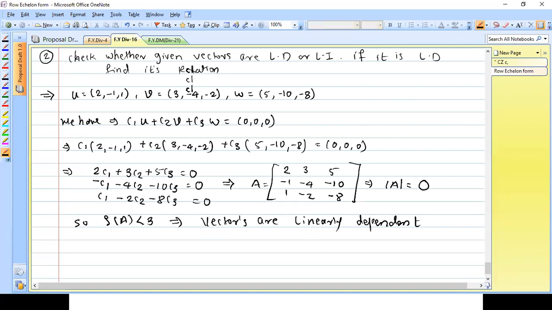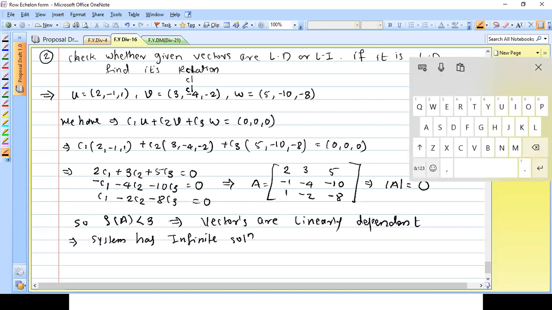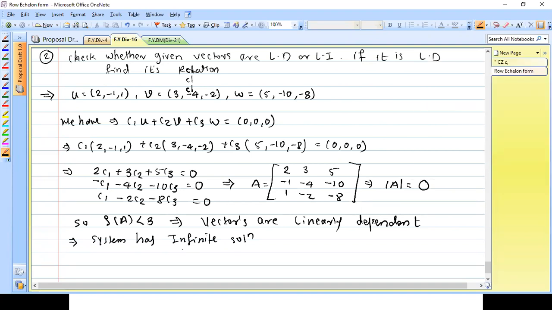Okay, I repeat. Rank of A is less than 3, so this implies the system has infinite solutions. Infinite solutions means the values of C1, C2, C3 can be non-zero as well. At least one Ci is not equal to 0. If a unique solution, it means the 0, 0, 0 solution.